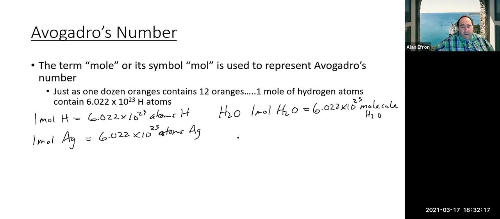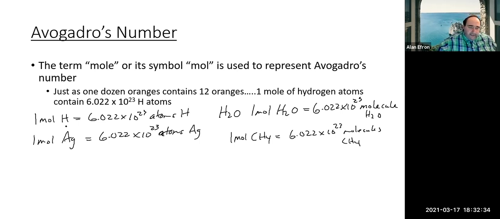If you had 1 mole of methane, which is CH4, that would be 6.022 times 10 to the 23 molecules of methane. So we could apply Avogadro's number to things that are atoms, and to things that are molecules.